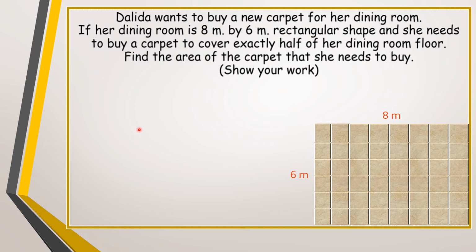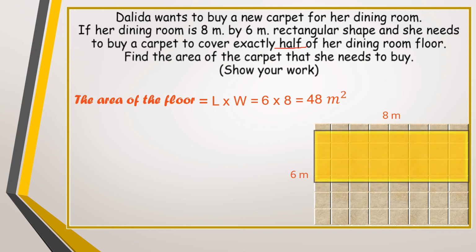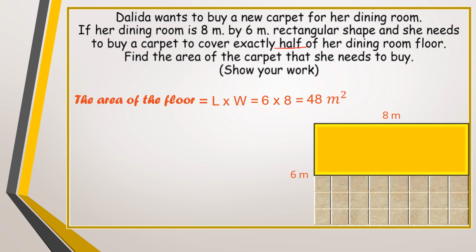So it's like a rectangle. So I will find the area using the rectangle rule. So the area of the floor is length by width. It's going to be 6 by 8 equals 48 meters square. So now I have the area of the whole floor, but the carpet wants to cover exactly half of it. So the carpet is like this.